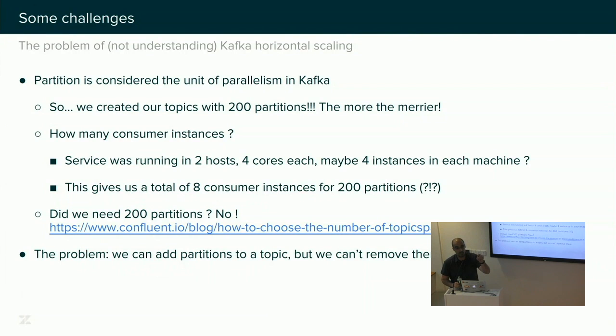There is a very nice blog article in the Confluent blog explaining how to choose the number of topics and the number of topic partitions in a Kafka cluster. And you see how many consequences there are. Not only from a memory perspective, because in the application, the consumer needs to allocate as many buffers as there are partitions, so that has a direct impact on the memory in the system.